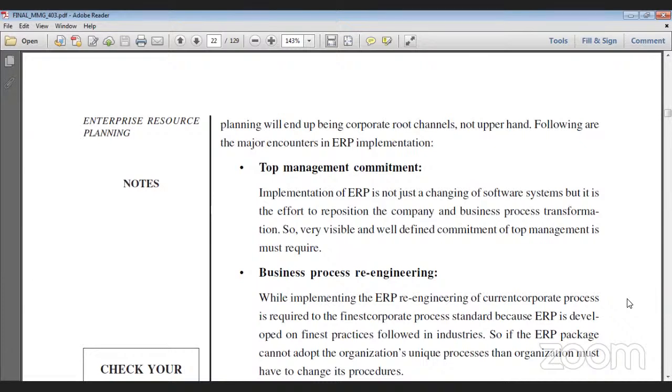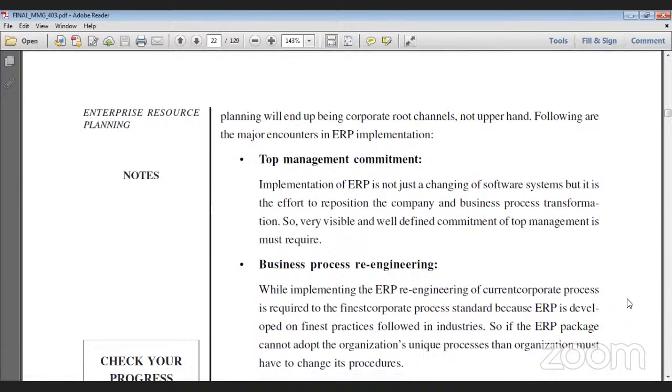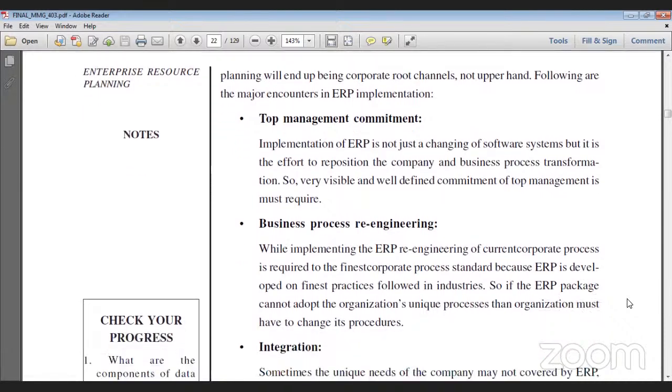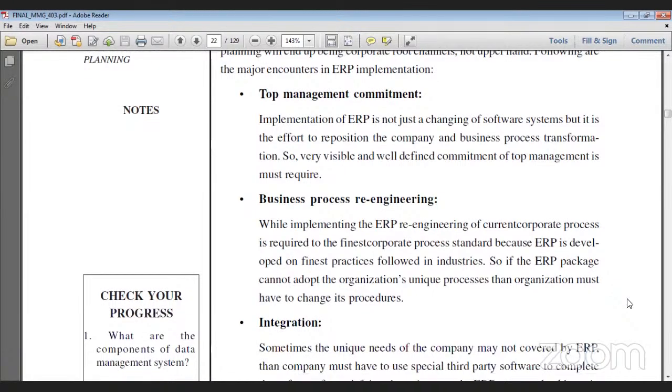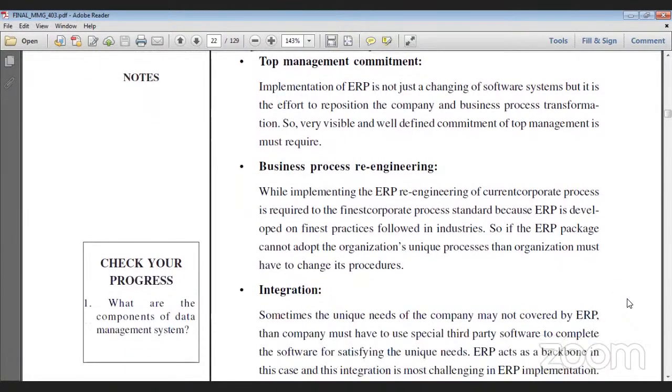So if the ERP package cannot adopt an organization's technique or unique process, then the organization must change its procedures also. There is a third challenge, that of integration.